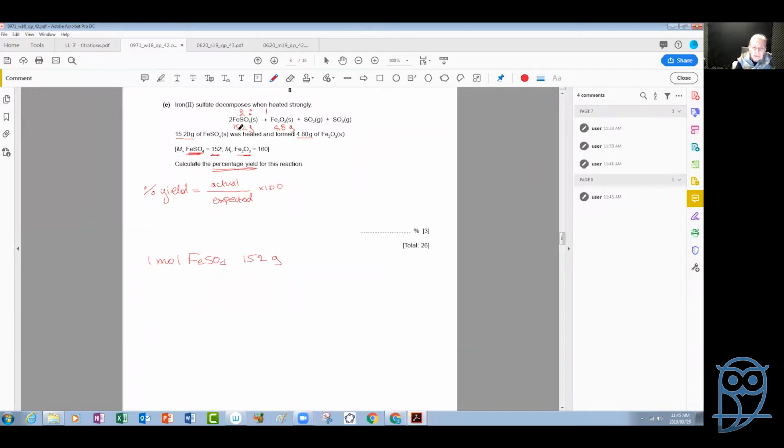In our case, where we have 15.2 grams only, how many moles is that? And if we solve for x, we find the number of moles of iron sulfate that we had in this situation, and we can see here, it's 0.1 moles.